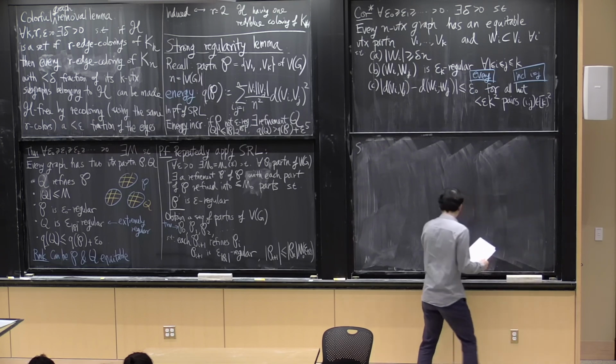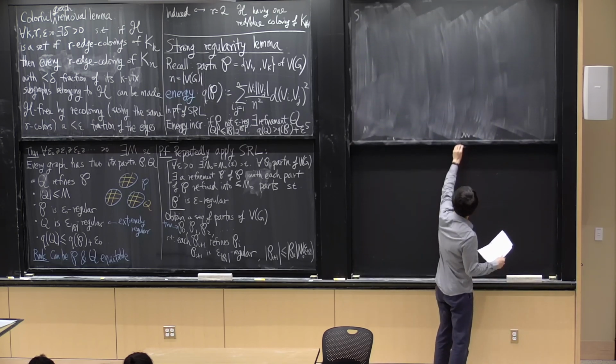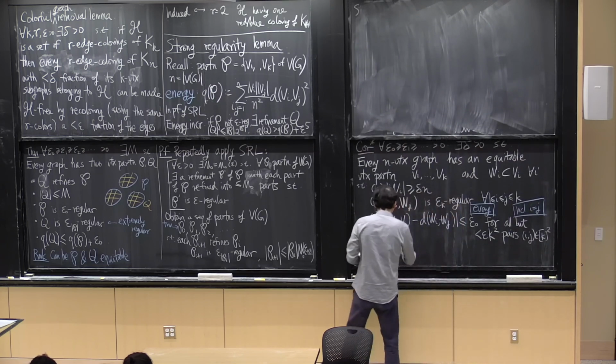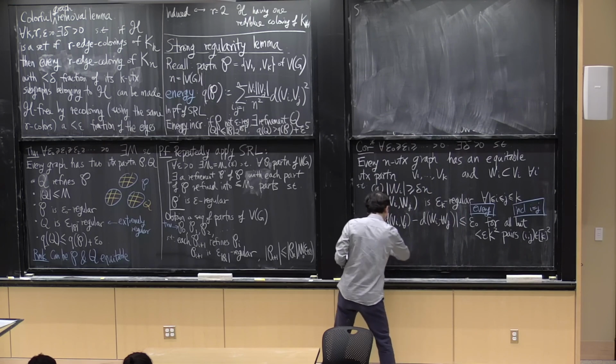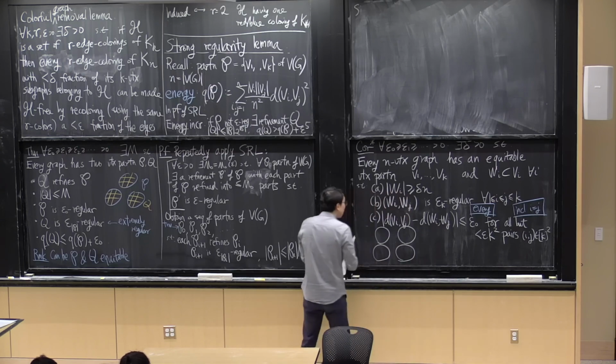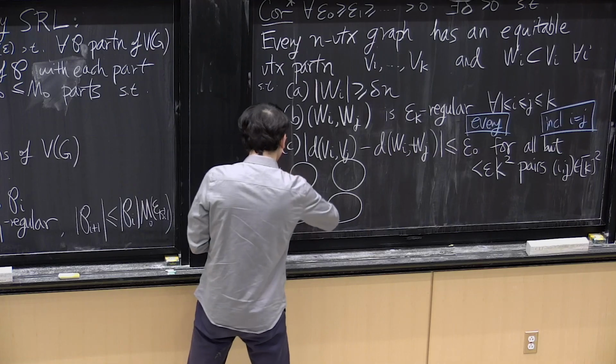First, let me draw you a picture. Here you have a regularity partition, and these are your V's.